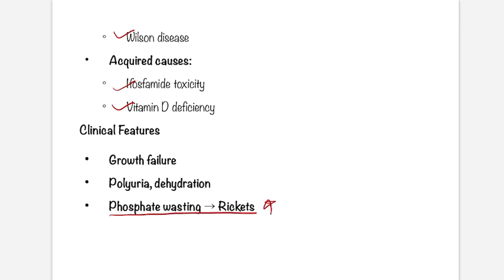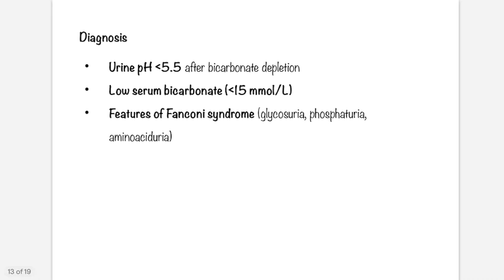But just remember, in this proximal or type 2 RTA, nephrocalcinosis or kidney stones will not be found. For diagnosis, you'll see urine pH is less than 5.5, low serum bicarbonate, features of Fanconi syndrome. What are the features of Fanconi syndrome? Glycosuria, phosphaturia, amino aciduria. It means glucose is lost in urine, phosphate will be lost, and amino aciduria will be seen.